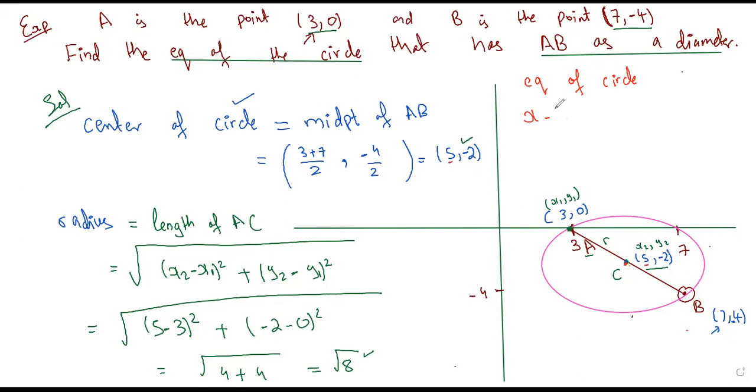So it would be x minus 5 whole square plus y minus the y coordinate, that is -2, whole square equals radius square. Radius is under root 8 and it's squared. So it would be x minus 5 square plus y plus 2 square equals 8. This would be the equation of a circle.